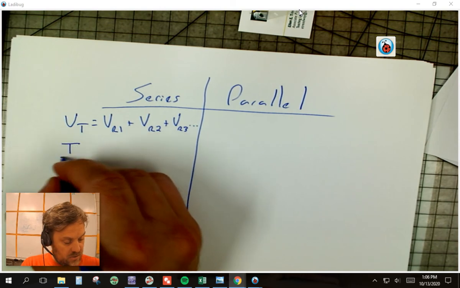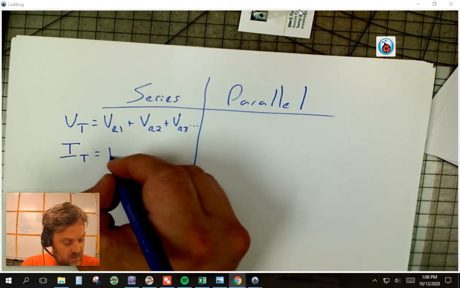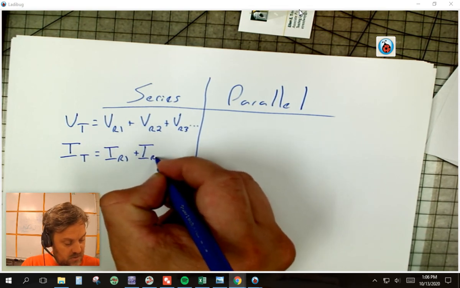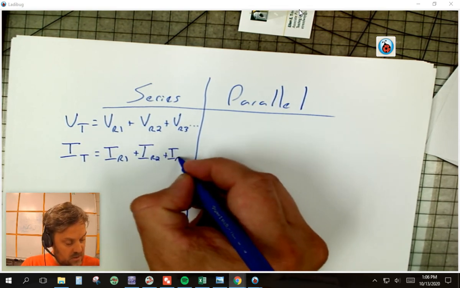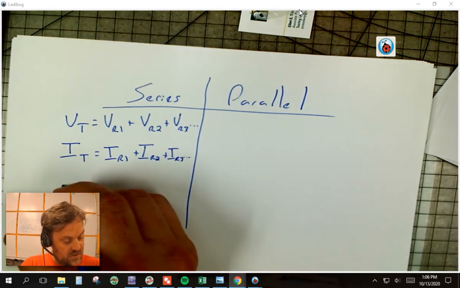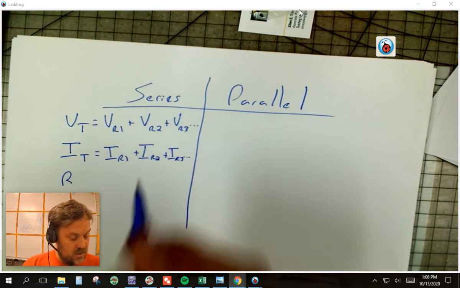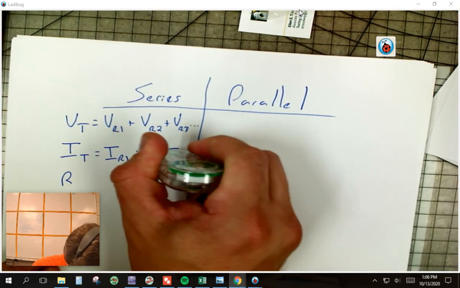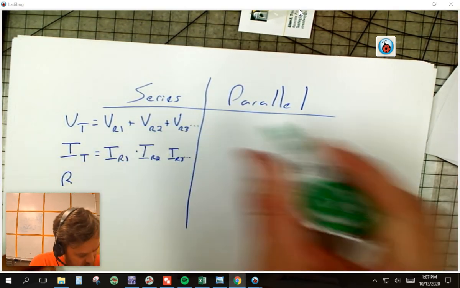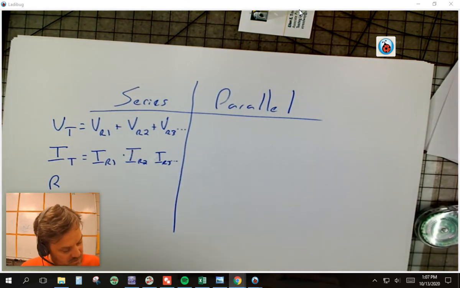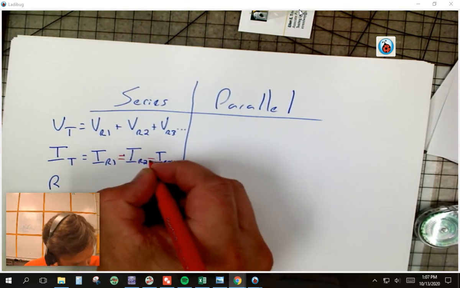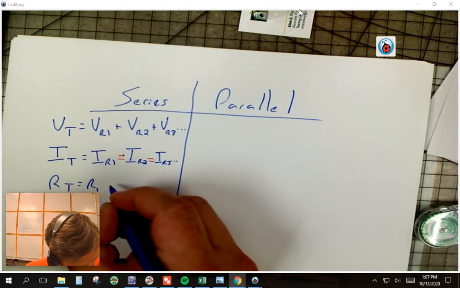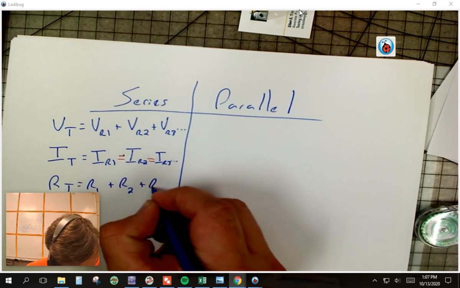Our current total equals current at resistor 1 plus current at resistor 2 plus current at resistor 3. Sorry, got ahead of myself. Let's go equals. Resistance total is the summative, R1 plus R2 plus R3.